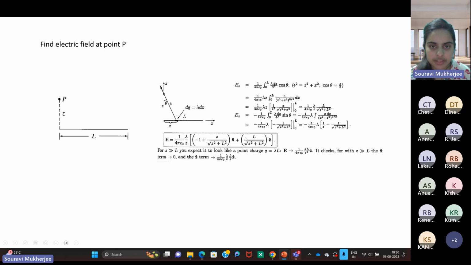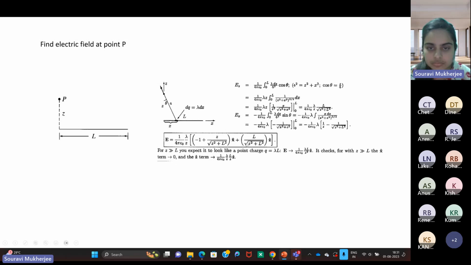If you neglect L, what would you get? You would see that for z much, much greater than L, the x component goes to 0, because now you are neglecting L. One second, am I saying it correctly?